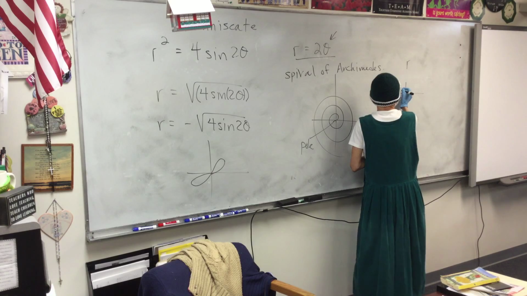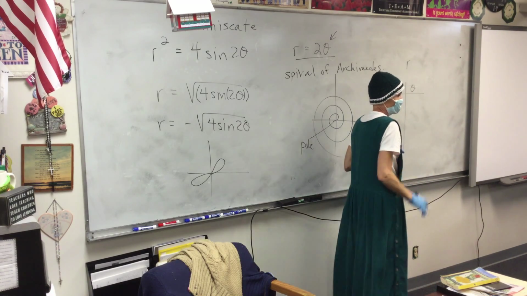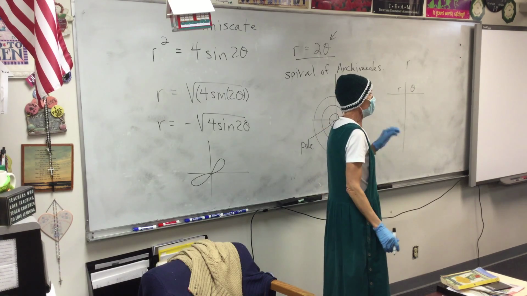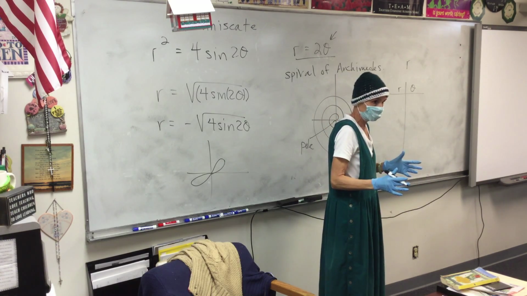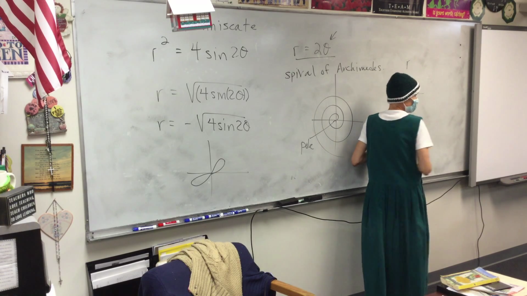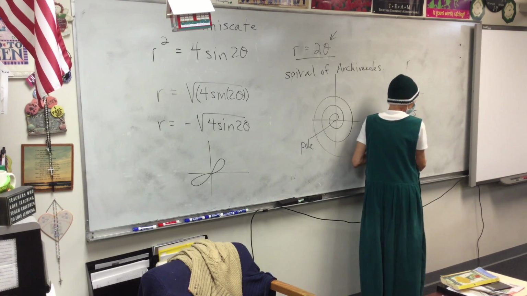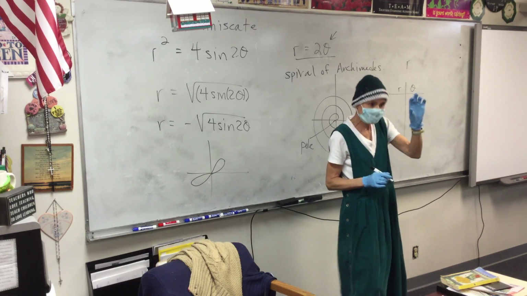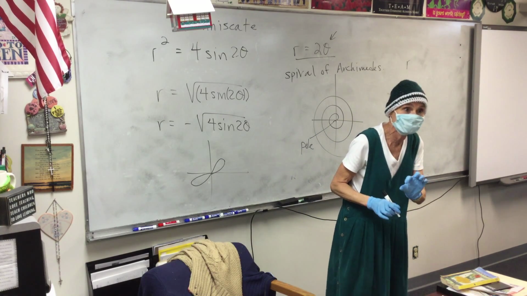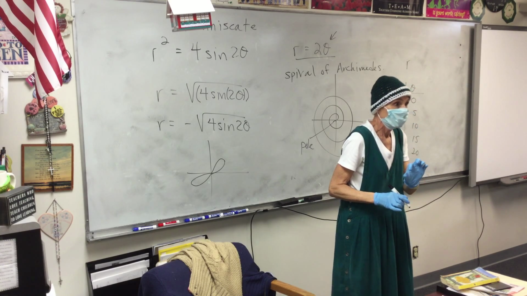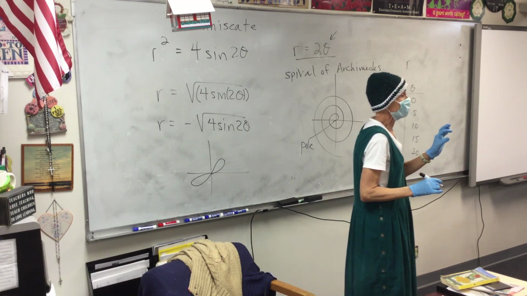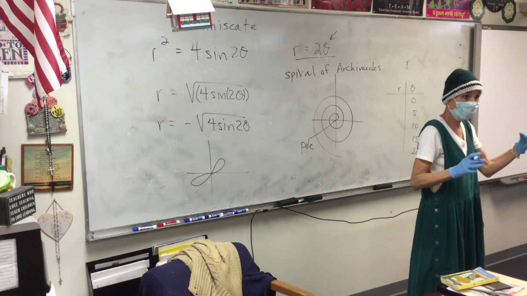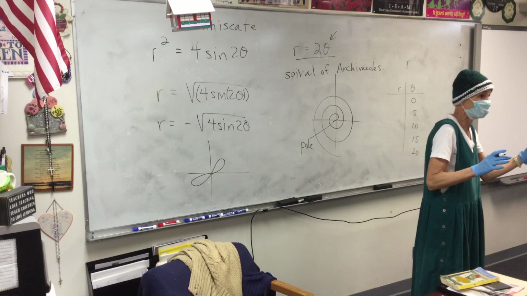If you are going to set up a table of values, if you set your step at 5, then that means you'll plot a point at 0, a point at 5, a point at 10, 15, and so on. The step is the difference between the points that you're plotting. Obviously, the bigger that difference is, the farther apart your points are going to be.